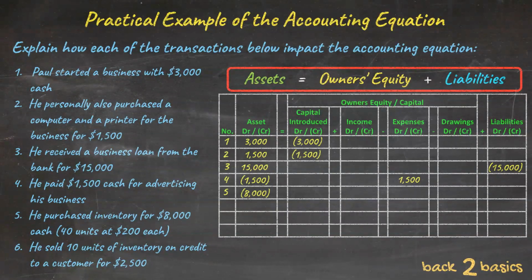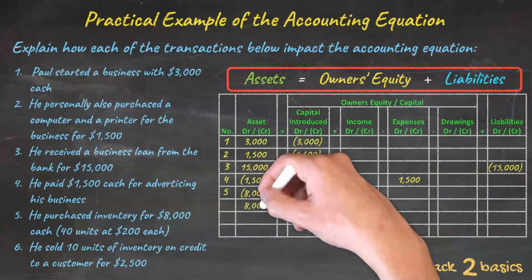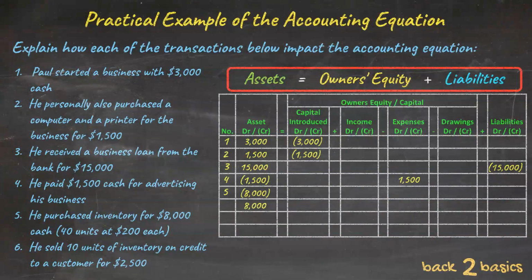And inventory is an asset to the company, so assets also increased with $8,000. So from this example, you can see that the overall net effect on assets was 0. But if you look at the individual asset classes, you will note that cash decreased and inventory increased.